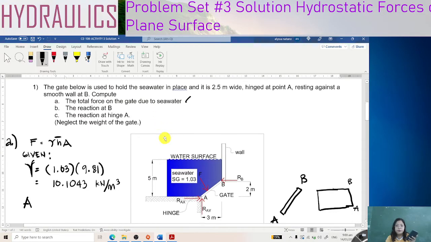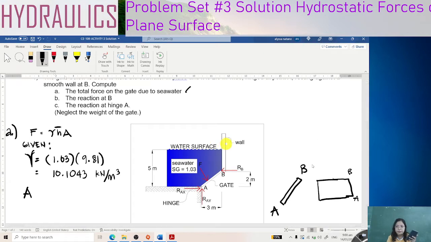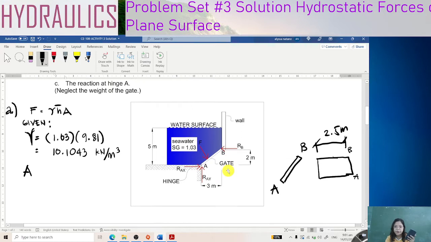Ano pa? Ano nakalagay dito? The gate below is 2.5 meter wide. So, ito na yung tinatawag nating width niya. 2.5 meters. Tapos, ano yung binigay na height niya? So, ang height mo dyan, or itong part na to from B to A, is the inclined distance between B and A. So, hindi pa siya given, pero meron tayong clue kasi binigyan tayo ng dimension, the vertical and the horizontal dimension.